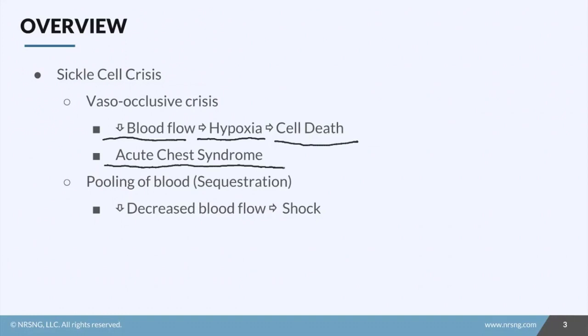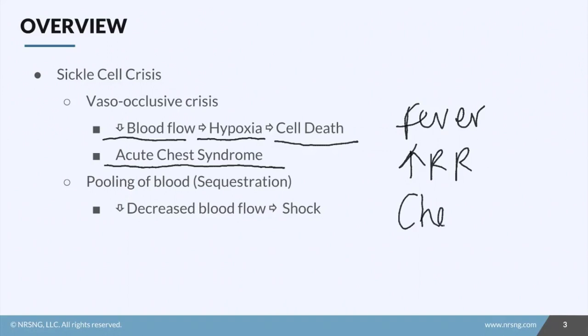It's usually associated with fever, increased respiratory rate and increased work of breathing, and chest pain. So it looks like a pneumonia. Make sure you're aware that if a patient is complaining of chest pain and they've got a fever, they need to be looked at immediately because they may need respiratory support and blood transfusions.